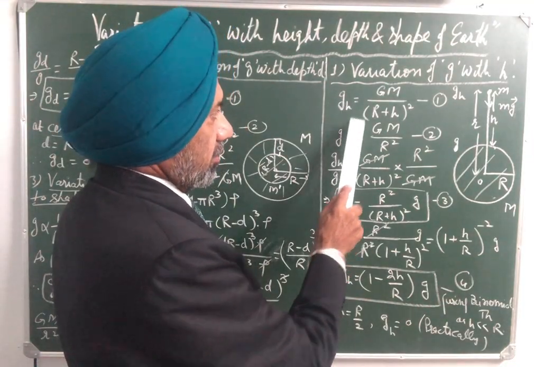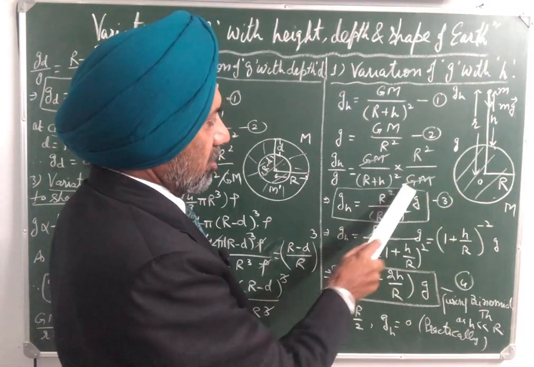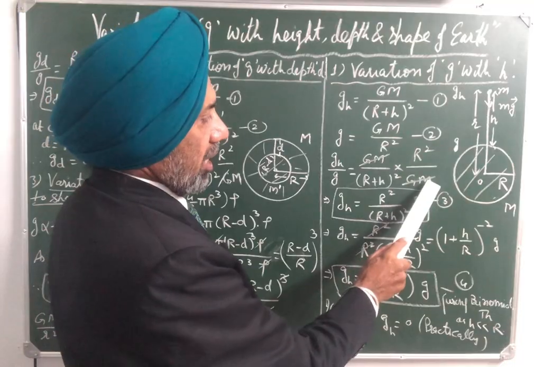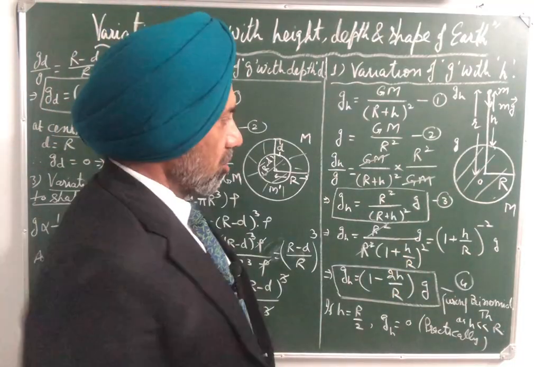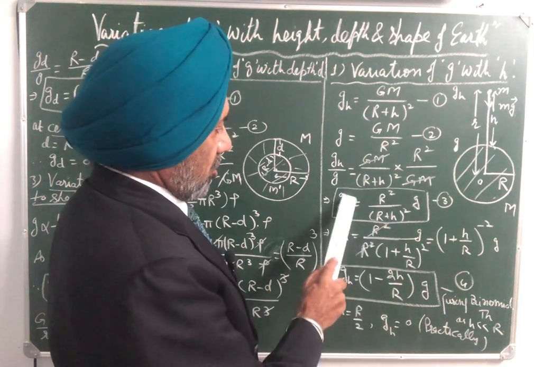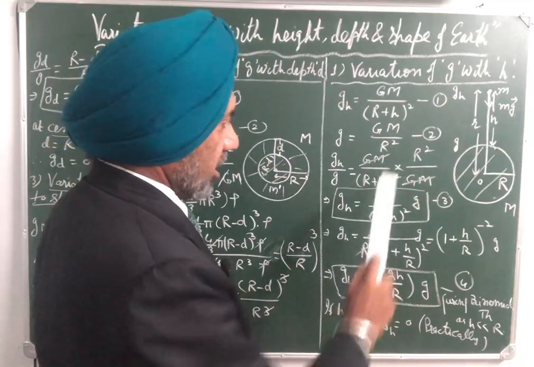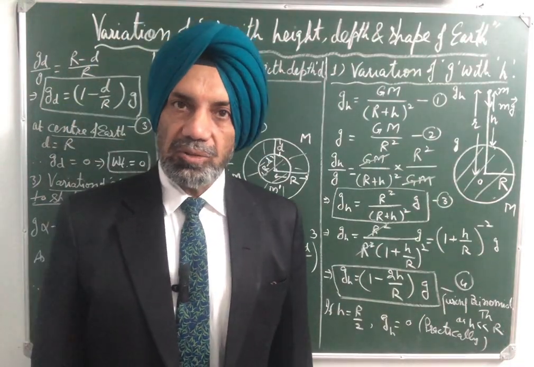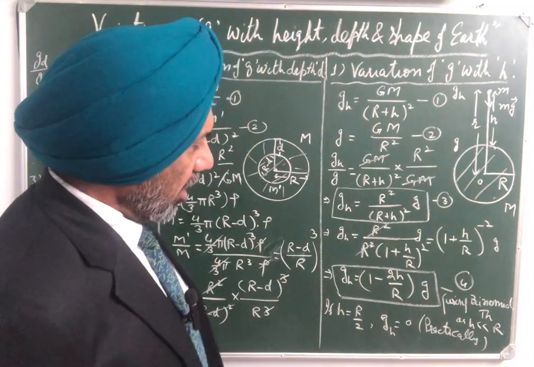If we divide 1 by 2, GM cancels, so gh is equal to R square upon (R plus h) whole square into g, which is the required expression for acceleration due to gravity at height h from the surface of earth.